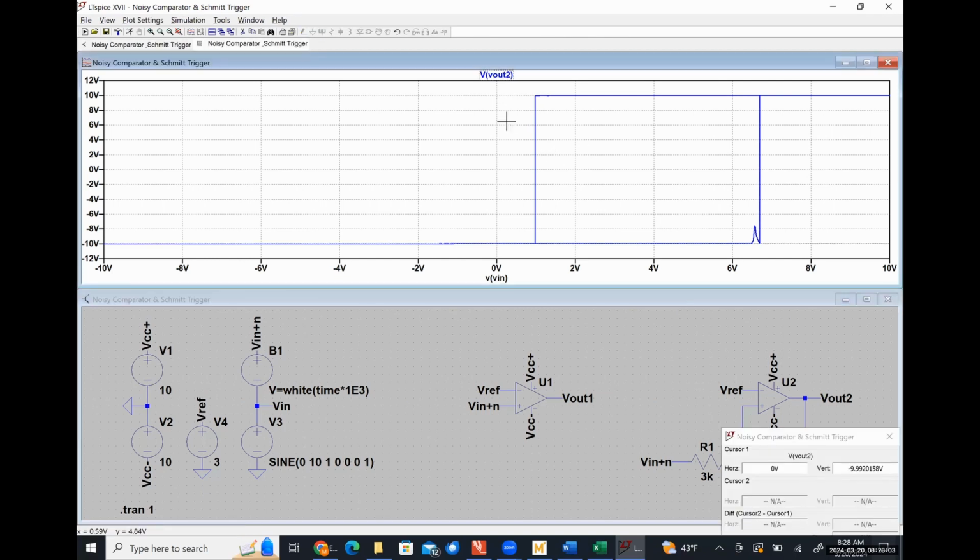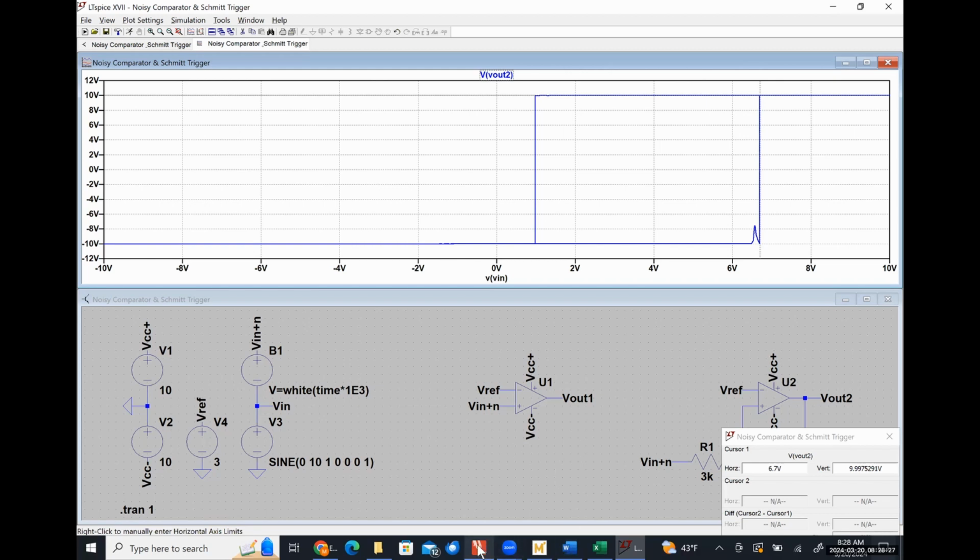So if I mouse over this thing here, I can give myself a cursor. And so I'm just dragging this over here. Horizontal says 6.7 volts. Okay, so not quite 6.9, but pretty close. And it's not going to be exact because of the assumptions that we've made, right? But we have a pretty darn good estimate here.